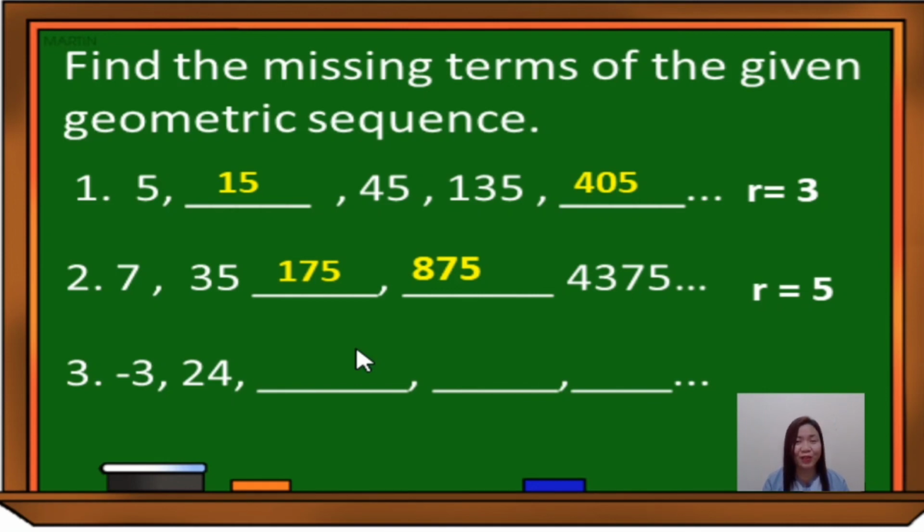So what is the answer for that? Okay, and the correct answer is r equals negative 3. So the answer for that is negative 72, 216, and negative 648.